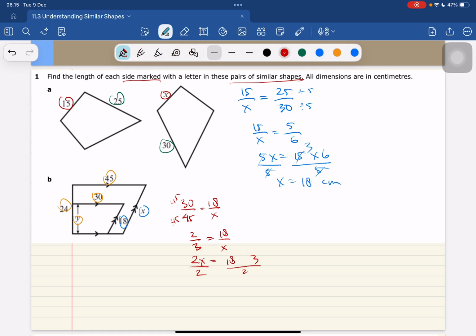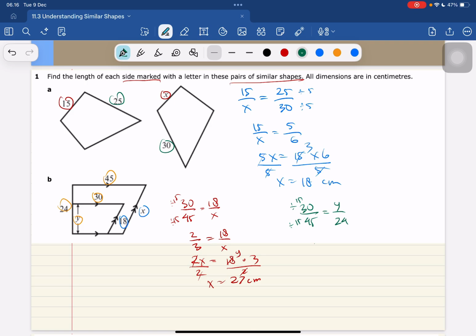Let's make it times here. So it cancels. So x equals 18 divided by 2, which is 9. So 9 times 3 is 27 centimeters. With the y, we can write 30 over 45 equals y over 24. Here we can simplify, dividing by 15 on both sides.